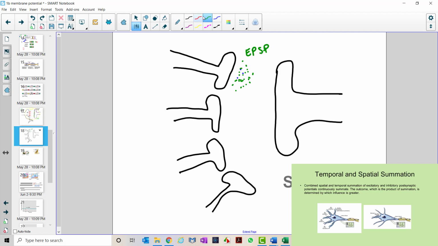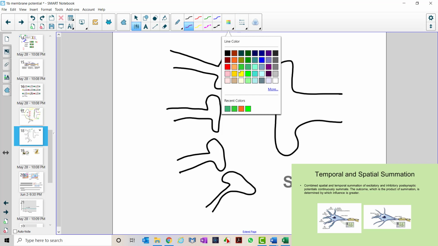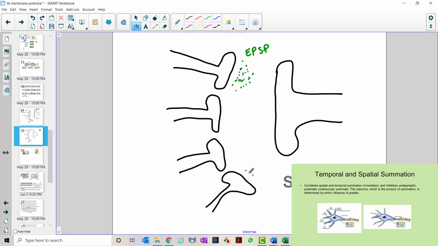And let's say these three over here released another neurotransmitter that caused an IPSP. So this causes an IPSP, this causes an IPSP, this causes an IPSP. So we kind of call this negative, negative, negative, and we call this one here positive.